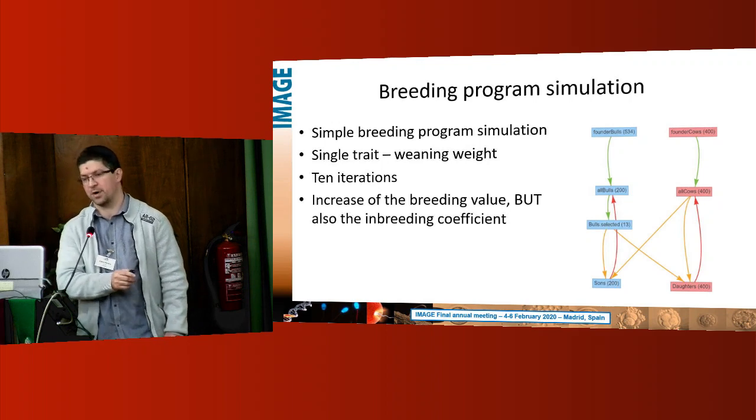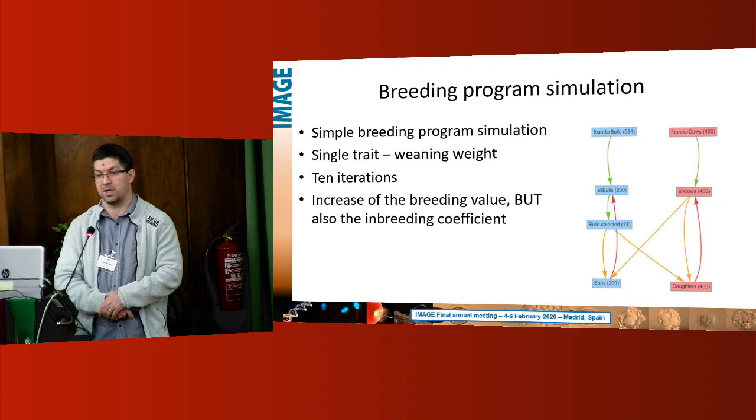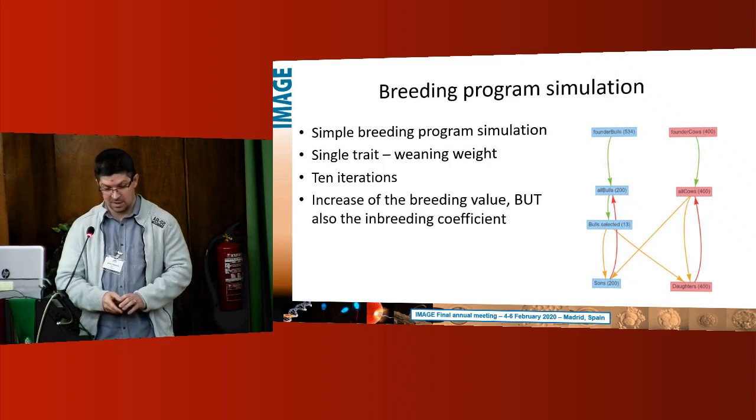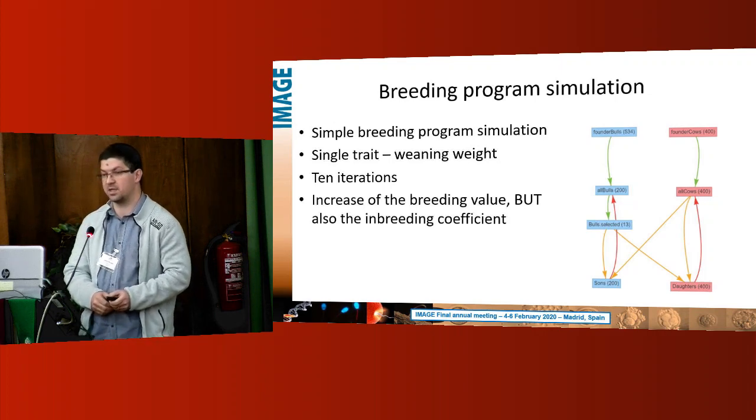So unsurprisingly, if you use such a scheme, then we have an increase in production levels, but also an increase in inbreeding. That was just a small case that we started up with.